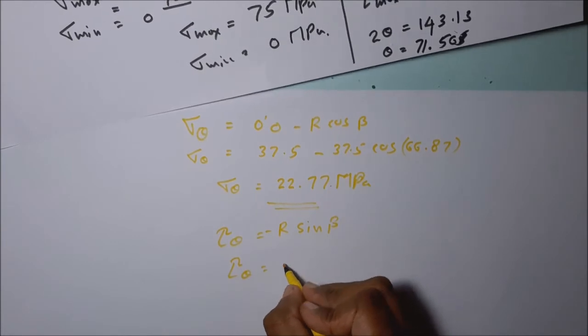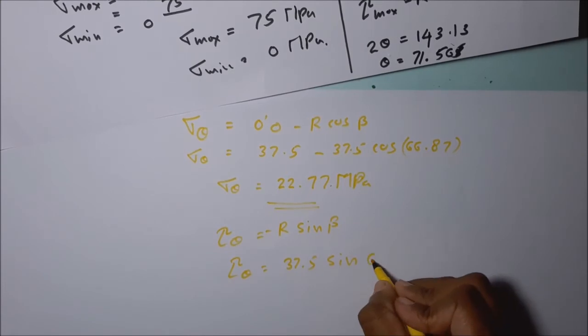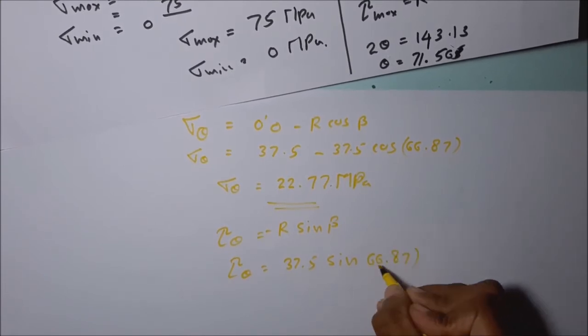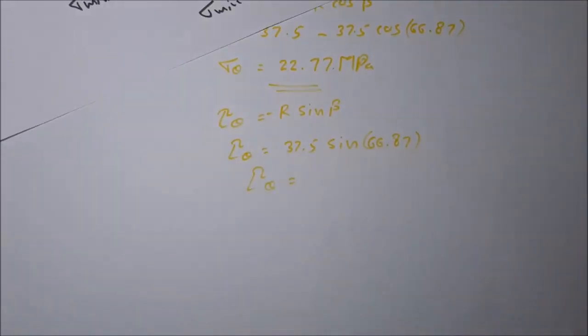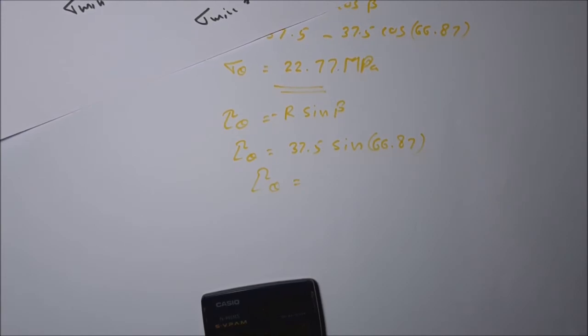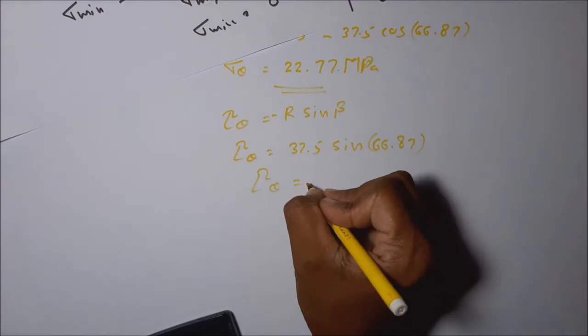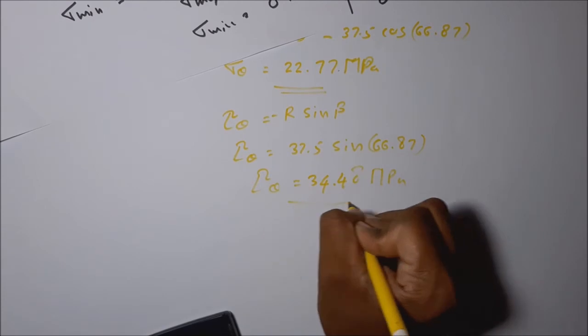So tau theta is equal to 37.5 times sin 66.87, which is 34.48 megapascal.